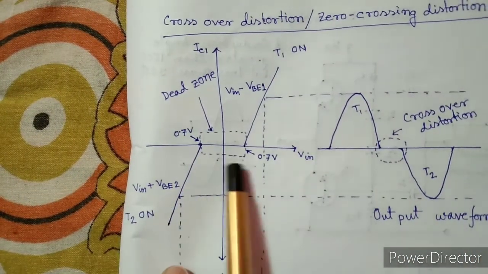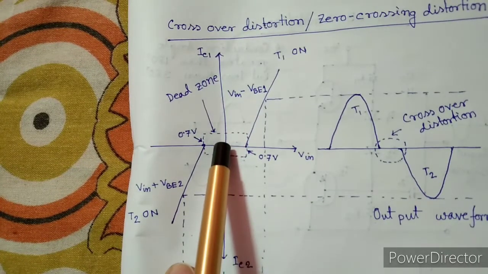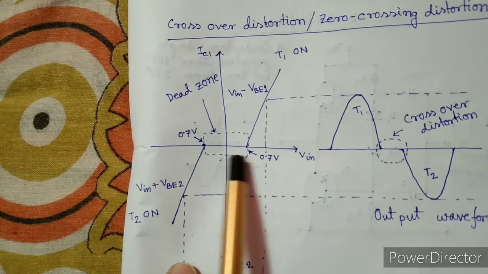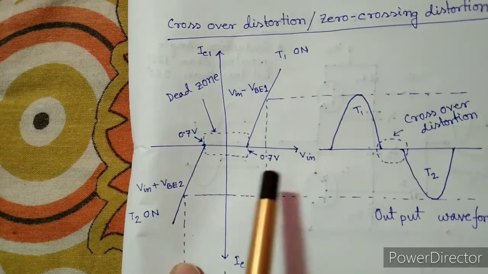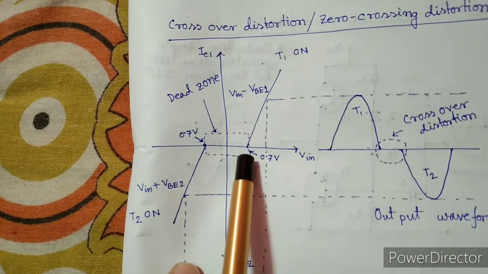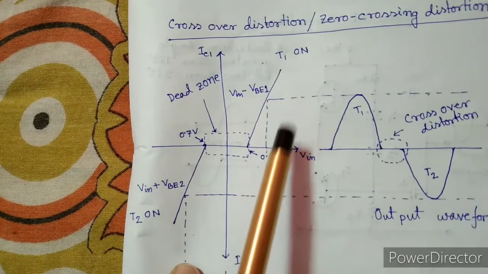See this diagram. The y axis represents the collector current, the x axis represents the input voltage. So, when the input voltage is greater than 0.7, then collector current will flow through the transistor.